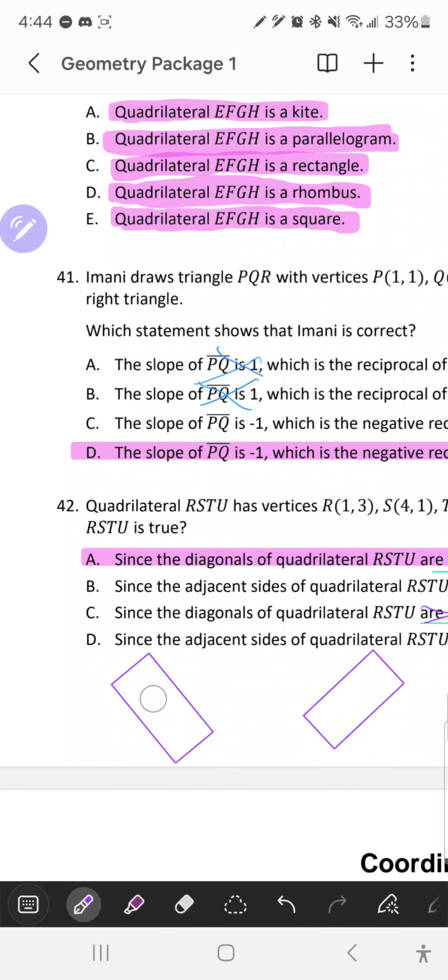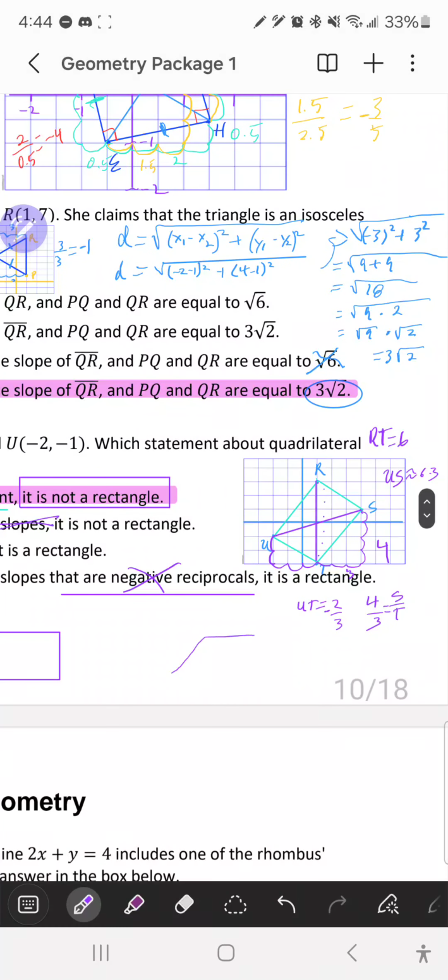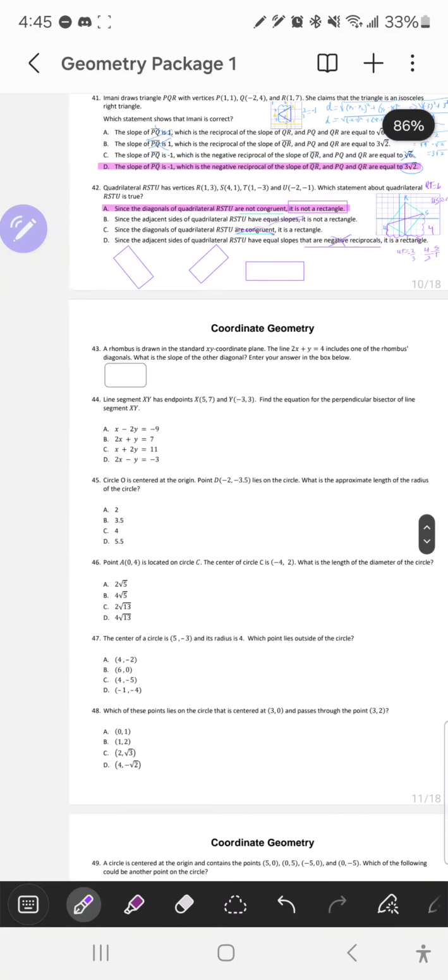But it doesn't mean that if you see a random figure like this, that was the one I drew before, and the diagonals are equal in this specific example, the figure is a rectangle. It is not, so it's basically a one-way thing. If you don't understand, please text me and tell me and I'll explain it to you in person.